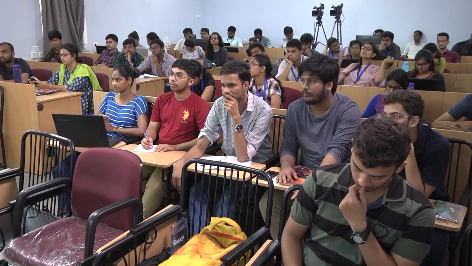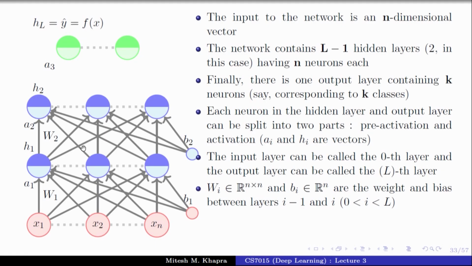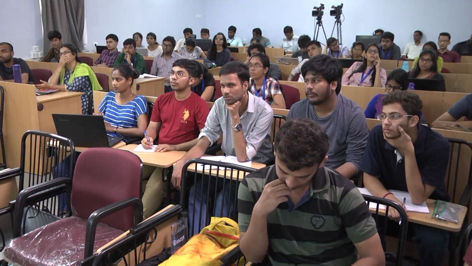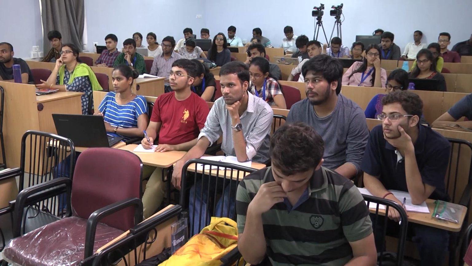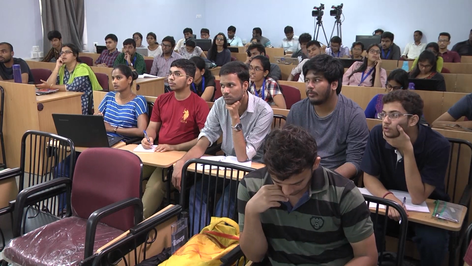And then there will be a bias for each of the blue neurons in the second layer. So how many biases will we have? N. Now, again, each of these blue neurons in the second layer is going to be connected to each of the green neurons in the third layer, or in the output layer. How many neurons are there in the output layer? K, right? If we have K classes, we have K neurons.